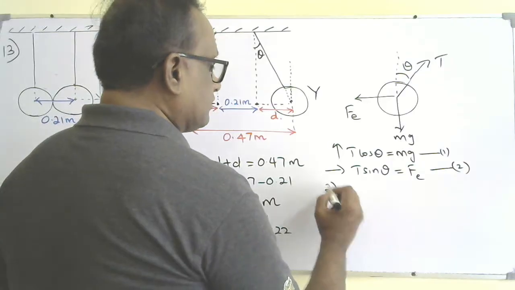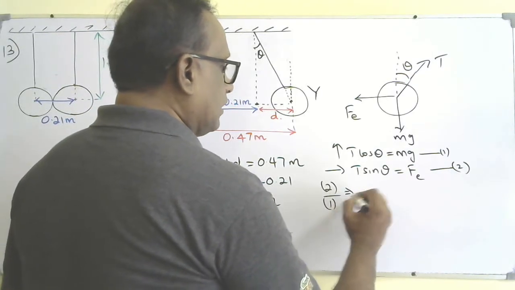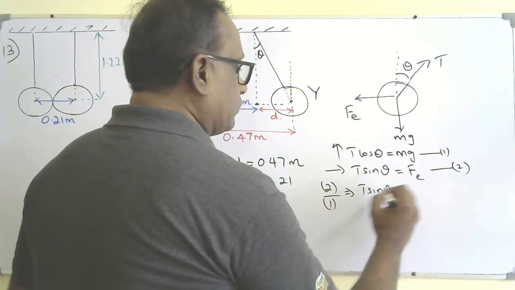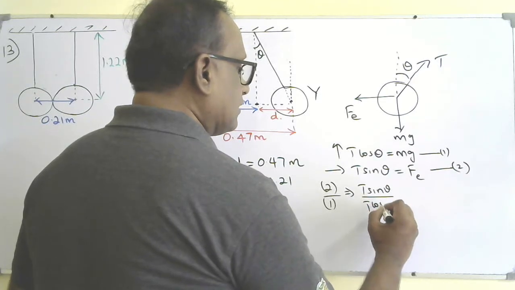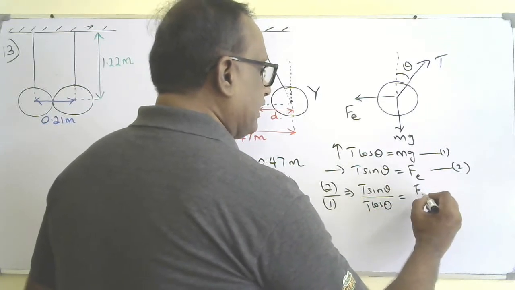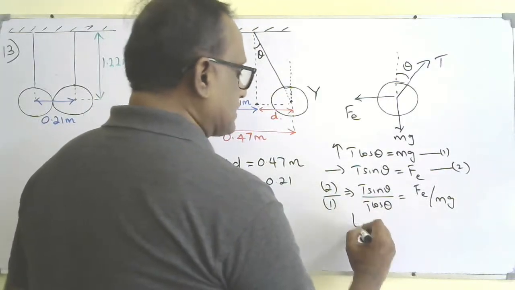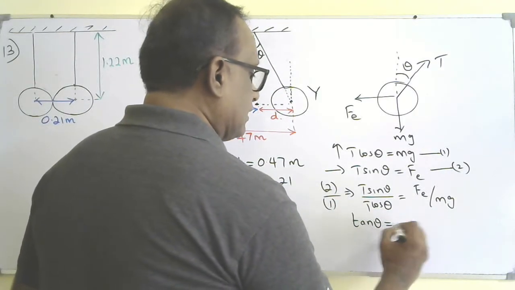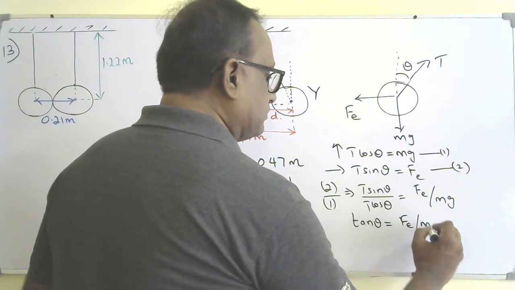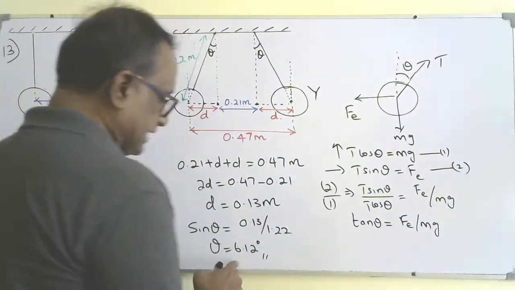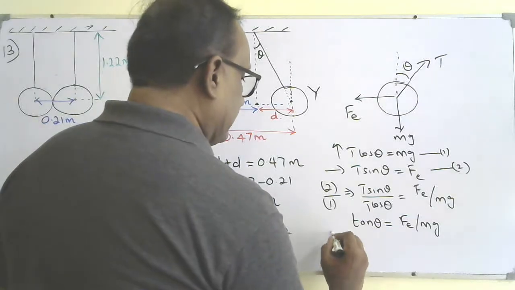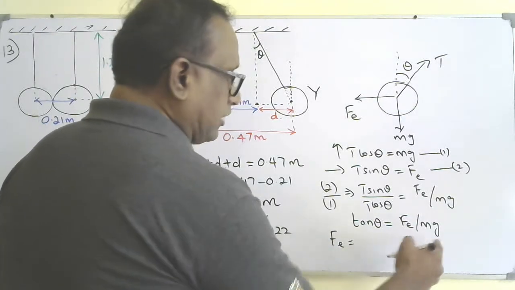Divide 2 by 1: T sin theta over T cos theta equals Fe over mg. T and T will get cancelled, sine over cos is tan theta, so tan theta equals Fe over mg. Substitute. We know theta is 6.12 degrees. So Fe will be equal to mg multiplied by tan theta.